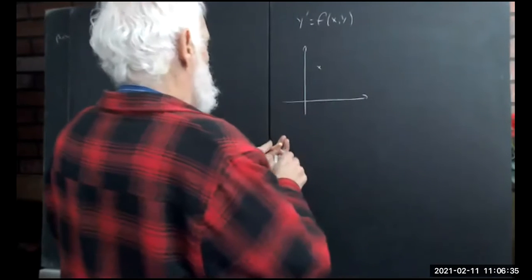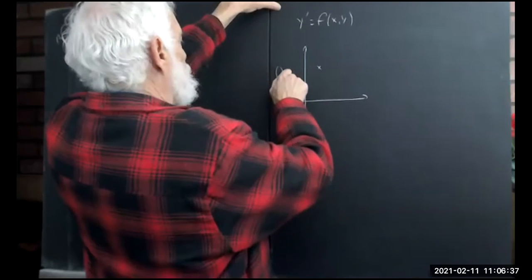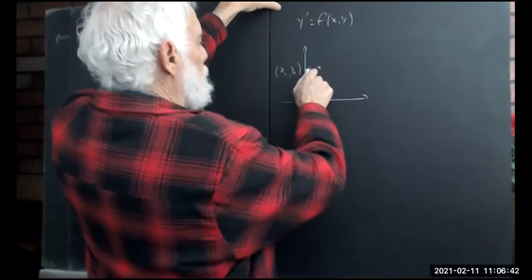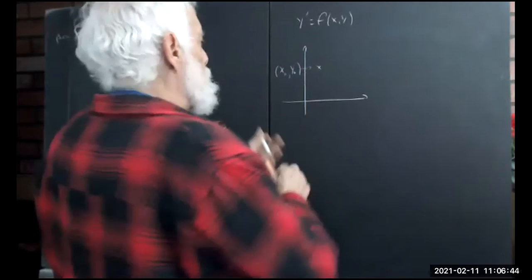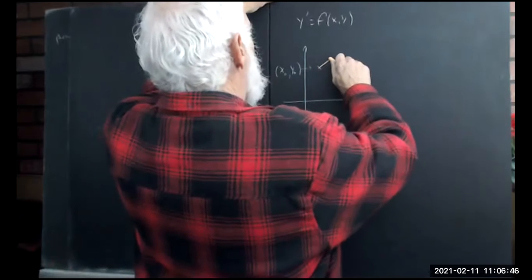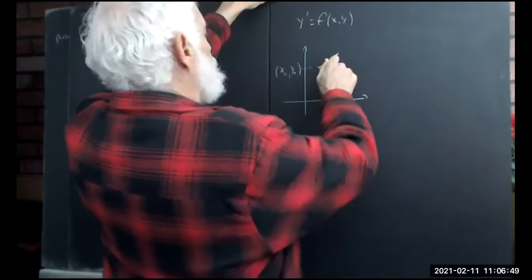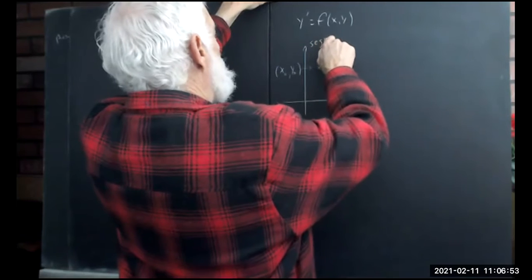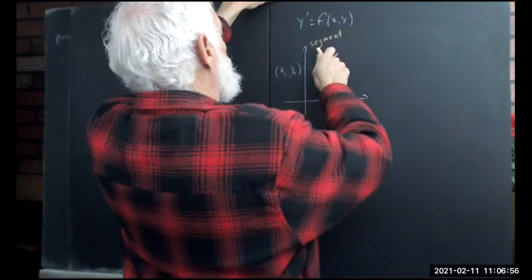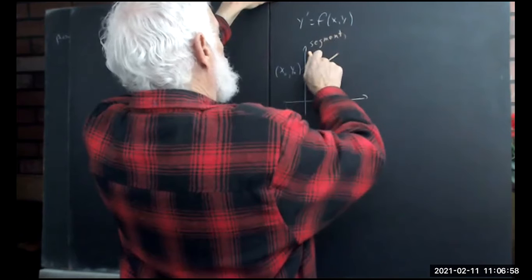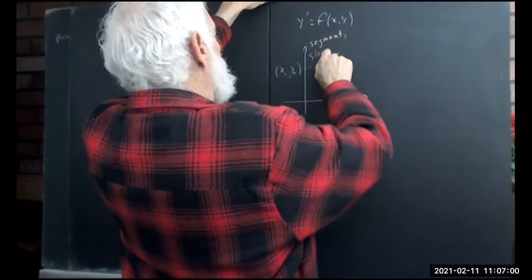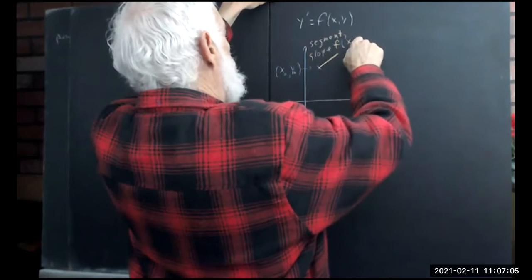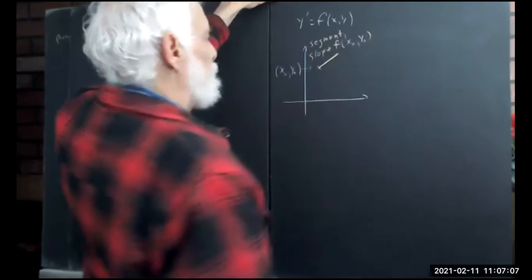So here's our point, x naught, y naught. And here is the segment with slope f of x naught, y naught.